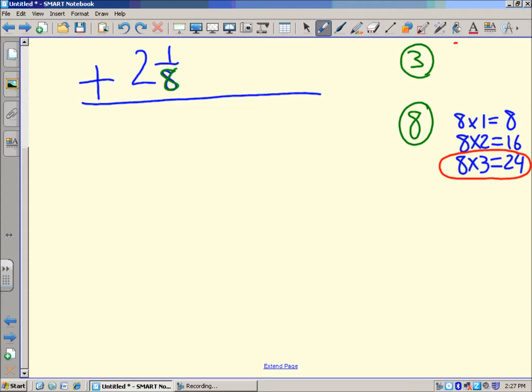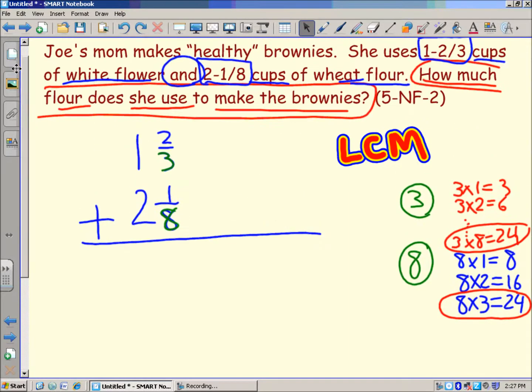And you'd be right. Because if you multiplied out all the multiples of 3, you go 3 times 1 is 3, 3 times 2 is 6, and you continue that until you got to 3 times 8, and that would equal 24. And that would be your LCM. And like we noticed before, if you find an LCM, that equals 24.